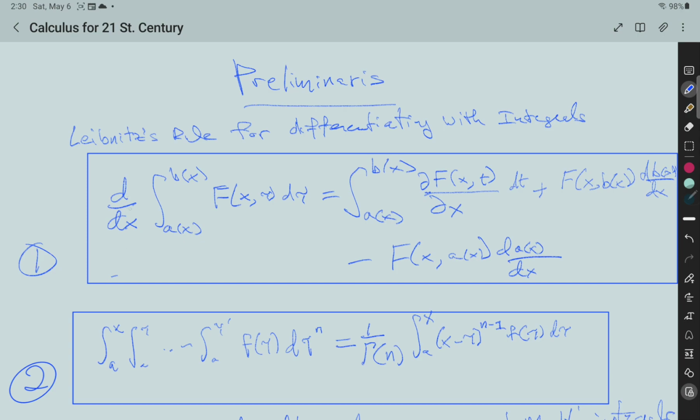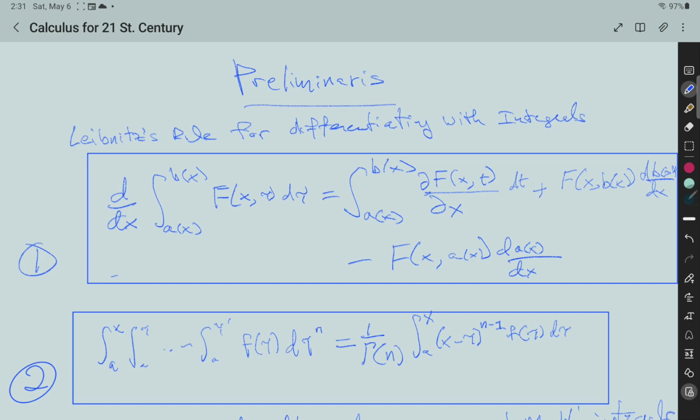You have a differential operator d/dx, which is a local operator, acting on the integral with variable limits. So instead of having constants, the limits are functions of x. The integrand is f of x comma tau, d tau. So that's the left-hand side.